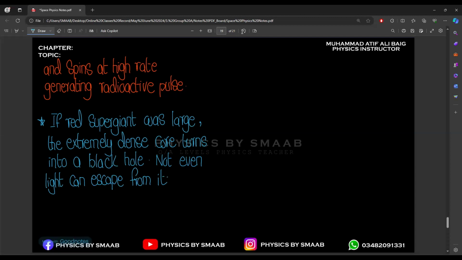So this is the life cycle and the death of both types of star, the small mass star and a large or heavy mass star.